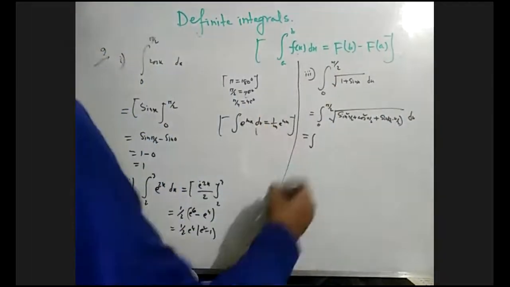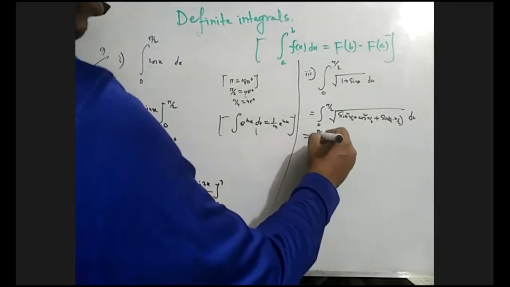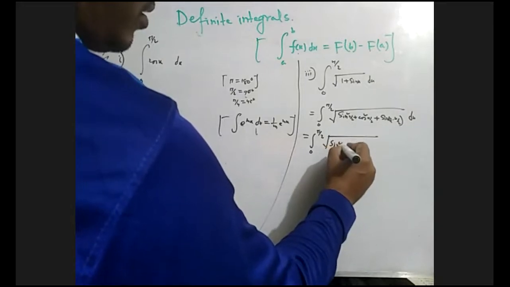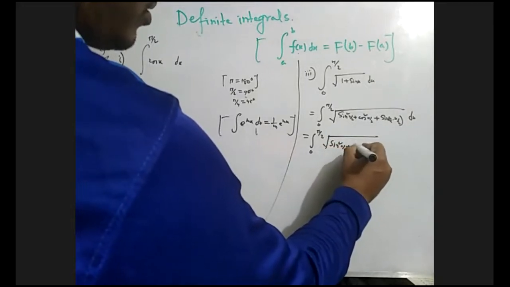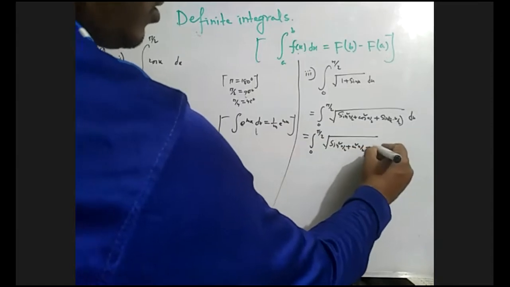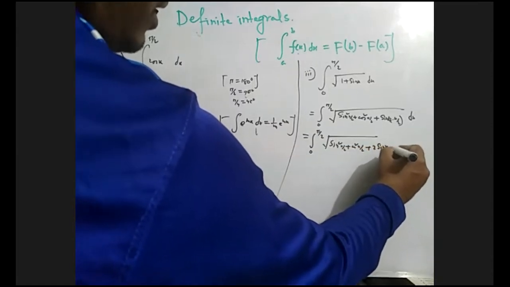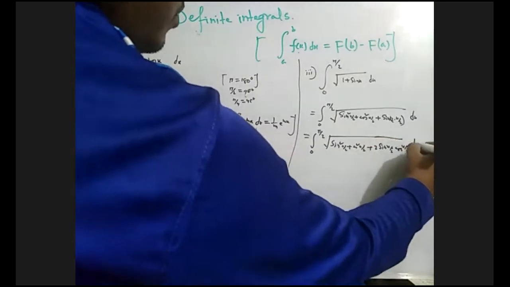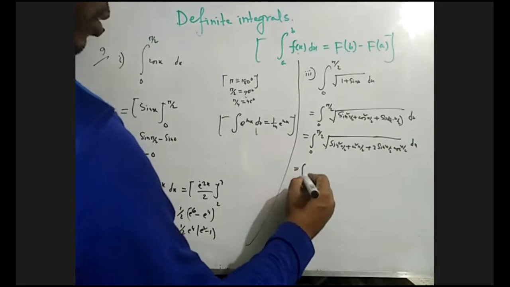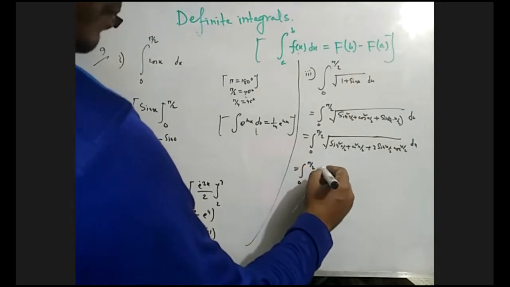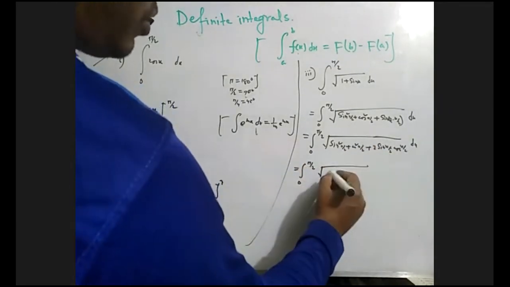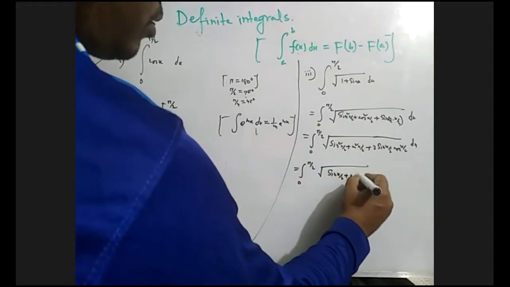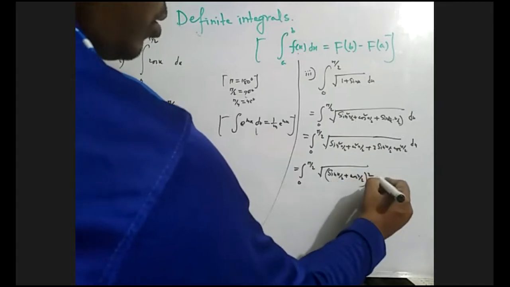This is the another part, from 0 to pi by 2, sin square x by 2 plus cos square x by 2 plus 2 sin x by 2 into cos x by 2. This is the a plus b whole square formula: sin x by 2 plus cos x by 2 whole square.